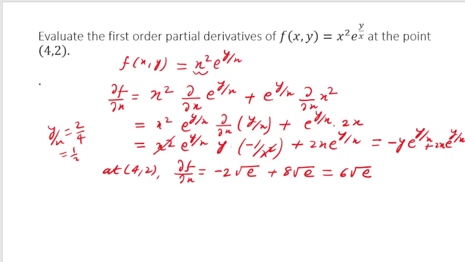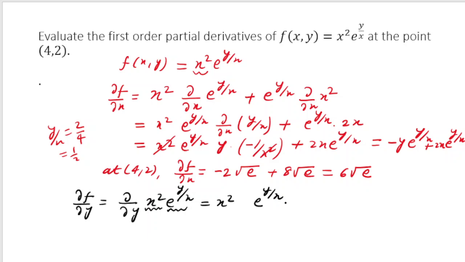And if I have to evaluate del f by del y, so what I will get? I will write del by del y of x square e to the power y by x. So this time we don't have to use the product rule because x square is already a constant, so it can be taken out, and I have to differentiate e to the power y by x. So whose derivative will be e to the power y by x into derivative of y by x with respect to y.